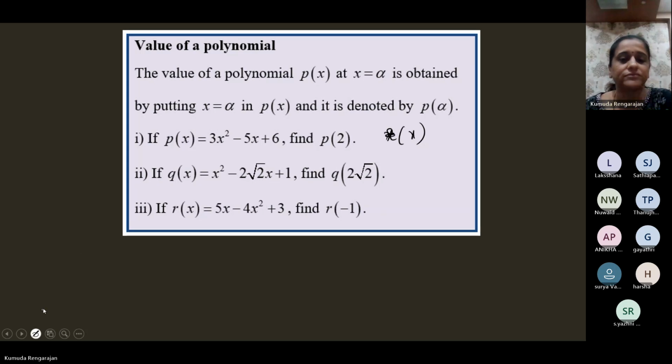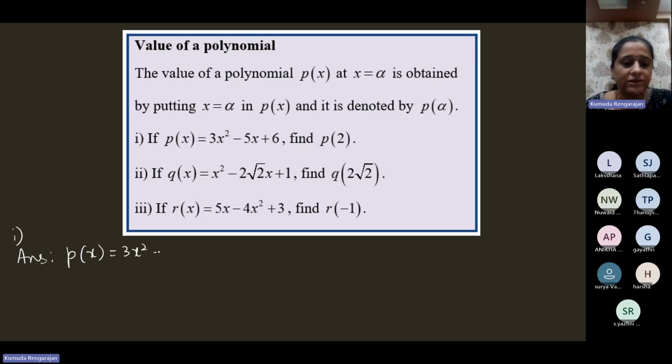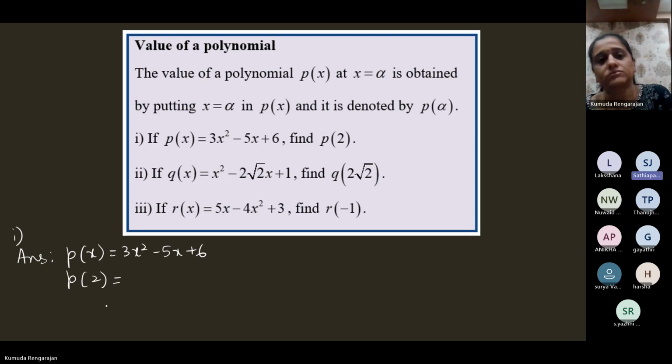So how do we find the value? P of x is given. P of x is equal to 3x squared minus 5x plus 6. We'll have to find p of 2. Okay.